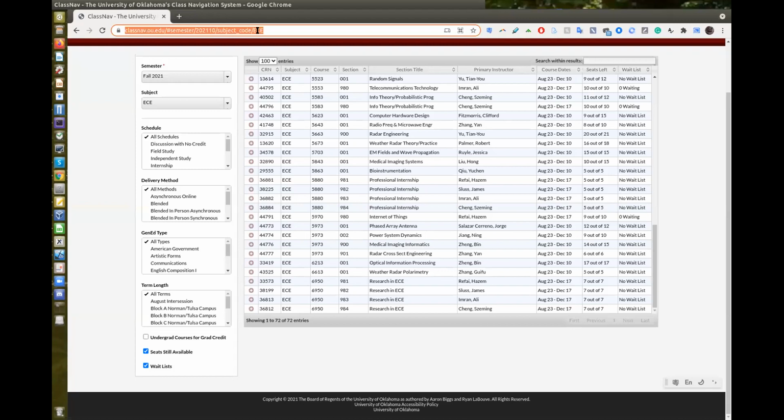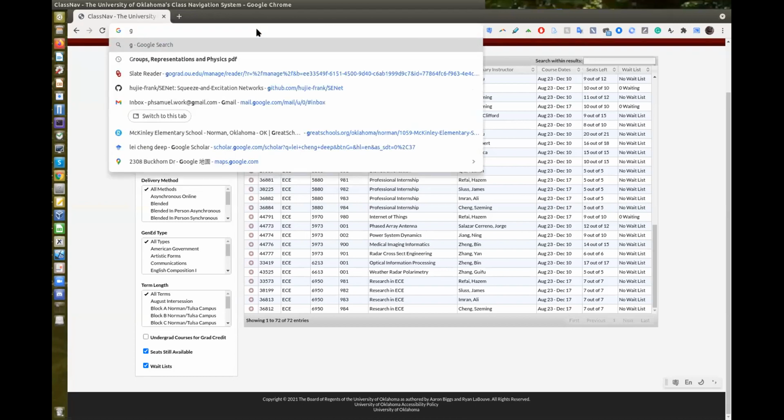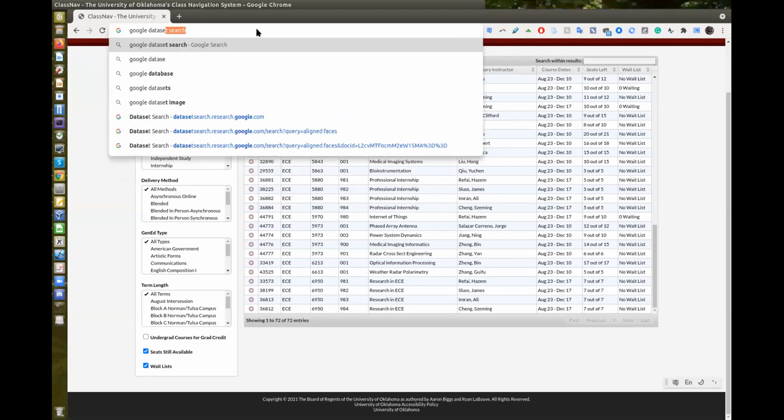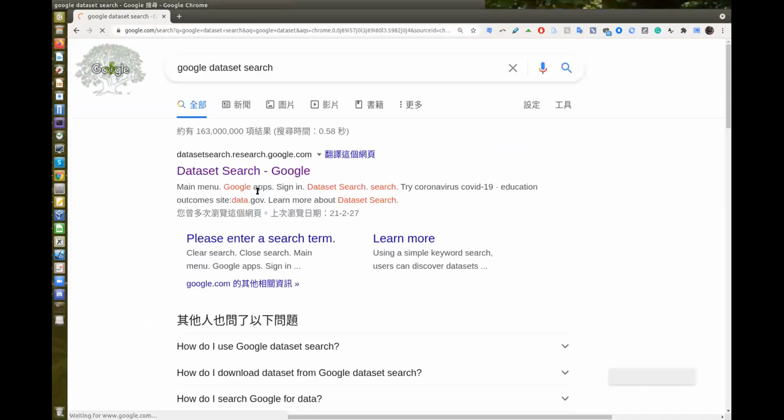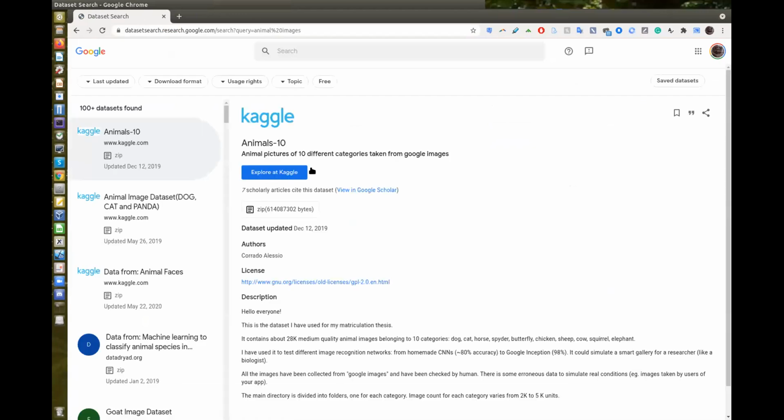So one thing you may try is that Google has a dataset search. You can start with animal images, maybe, and then just start from there.